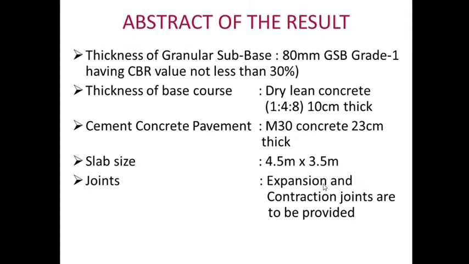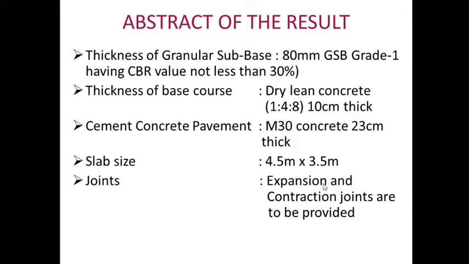The thickness of the granular subbase is 80 mm, GSB grade 1. We already discussed that the CBR of the subgrade soil is 8%. 8% is normal subgrade, whereas if the CBR of the subgrade soil is 2 to 15, 80 mm is the minimum thickness of subbase.